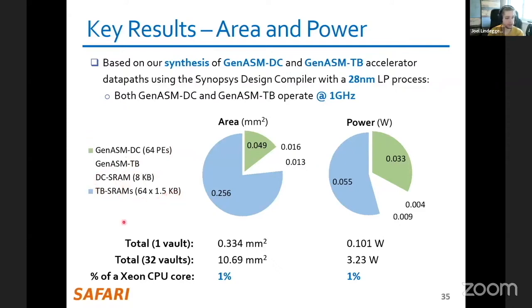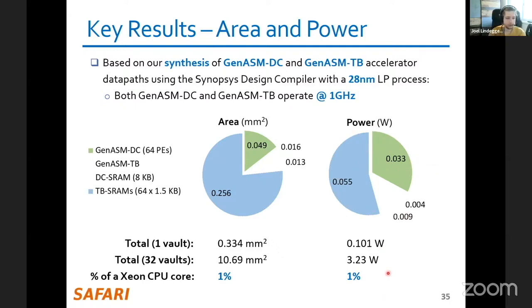As you can see, the 2 major parts here are the TB SRAMs, which use 3/4 of all memory footprint, and then the logic for generating the table, which makes up about 1/8 of the logic area. And then in terms of power, the SRAMs are about 55% and about 30% from the logic area.